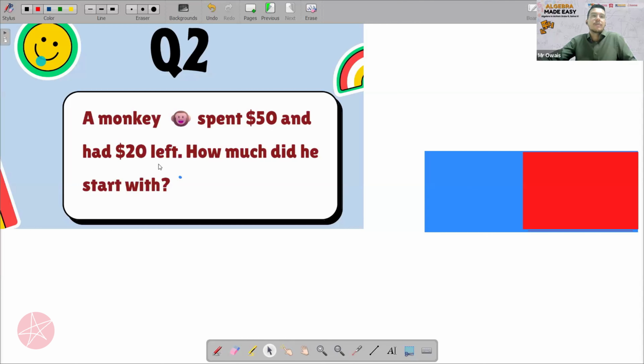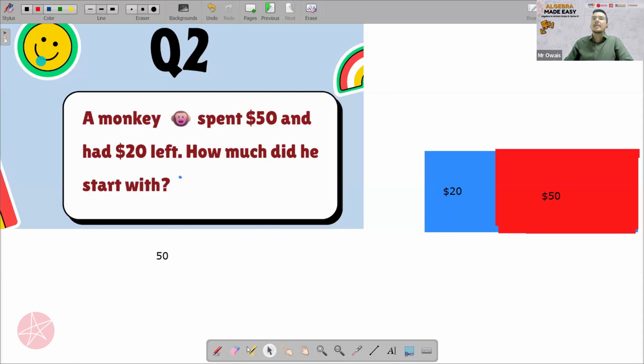Did he spend more or does he have more remaining? Xavier? All right, so now I can see that you've chosen the red one to represent how much he spent. So can you write 50 over there? That is the amount that the monkey spent. There we go, perfect. And then the blue one represents how much he has remaining. That is $20, perfect. And now we're actually trying to find out how much the monkey started with.